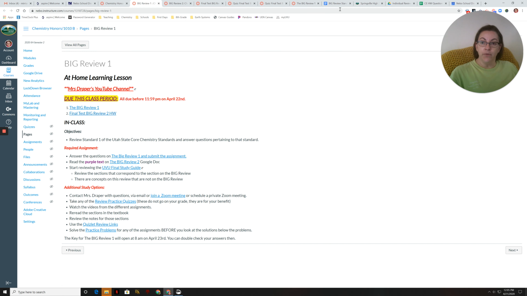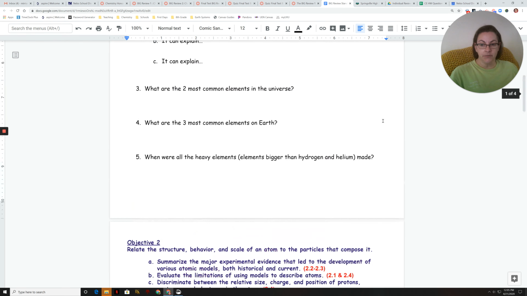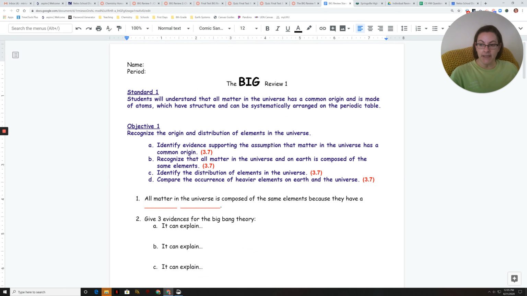So there's a big review 2 that looks very similar to this one. It has the purple text, but it's this Utah State Core Standard for chemistry, standard number 2. Read that information.